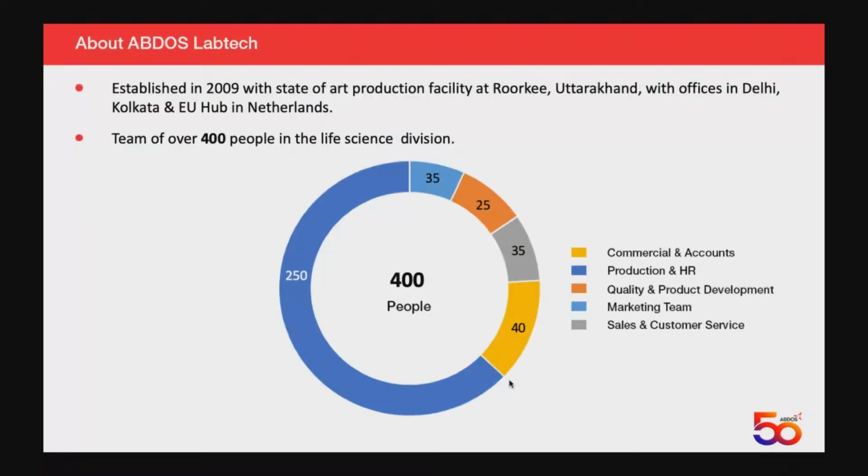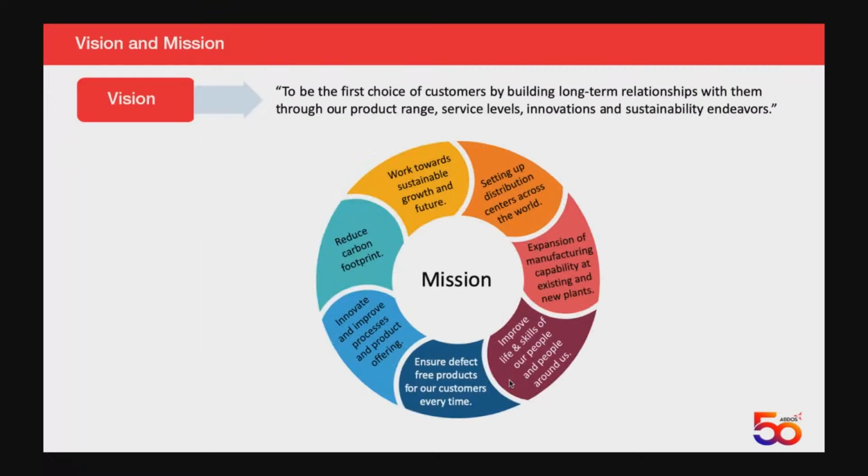Abdos Life Sciences was established in 2009 with a state-of-the-art facility at Roorkee, Uttarakhand, and we have our offices in Delhi, Kolkata, and a European hub, which is a warehouse facility in Venlo, Netherlands. We have a dedicated team of over 400 people in the life science division itself. The division's vision is to be the first choice of customers by building long-term relationships with them through our product range, service levels, innovations, and sustainability endeavors.